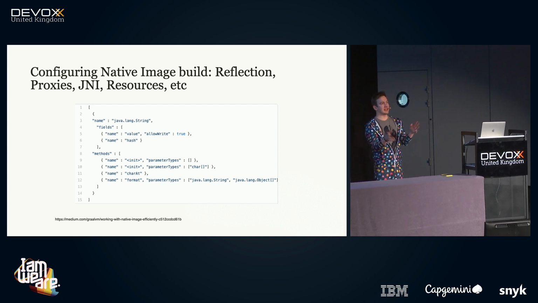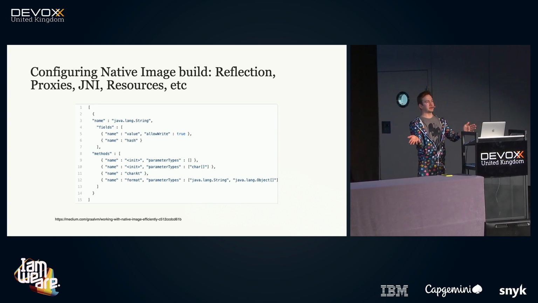So the static analysis cannot figure out which resource you want to load, because you might pass the name dynamically at runtime. Or the static analysis cannot figure out which classes you want to access through reflection, because you can also generate the names of the classes that you want to access at runtime, or proxies. So the point is, the analysis cannot figure it out by itself.